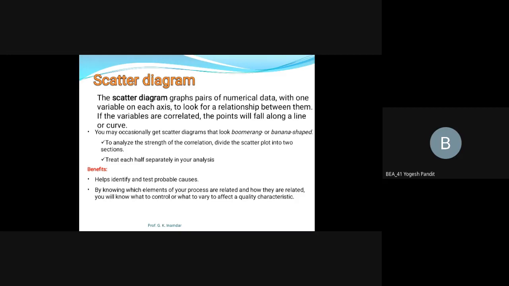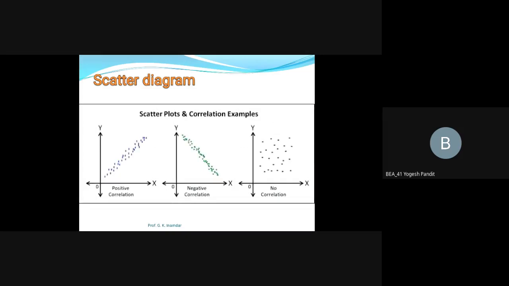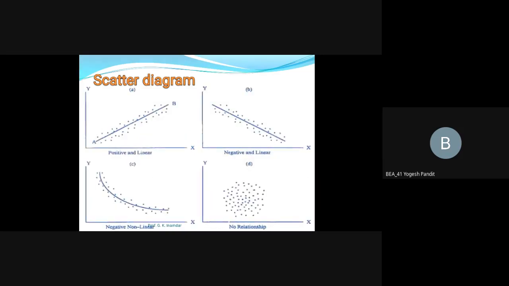Suppose you know about the share market, or stock market; in these, this type of scatter diagram is used. These are examples of the scatter diagram: positive and linear, negative and linear, negative non-linear, no relationship. So this type of reading may be observed.